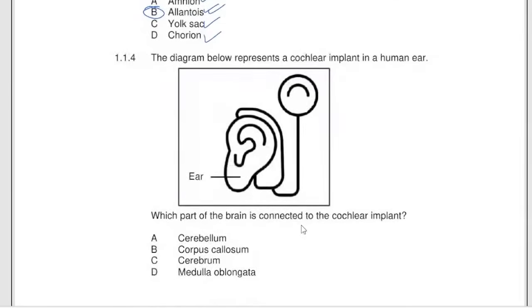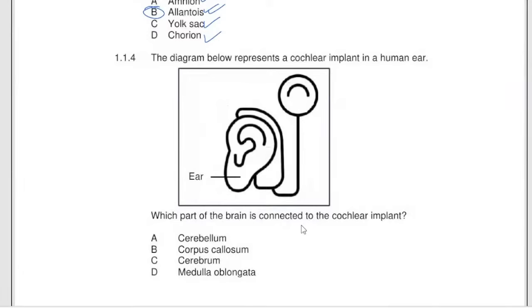The diagram below represents the cochlear implant in the human ear. Which part of the brain is connected to the cochlear implant? The options are cerebellum, corpus callosum, cerebrum, and medulla oblongata.